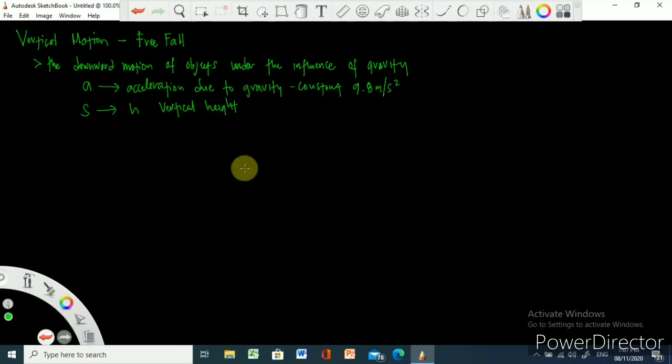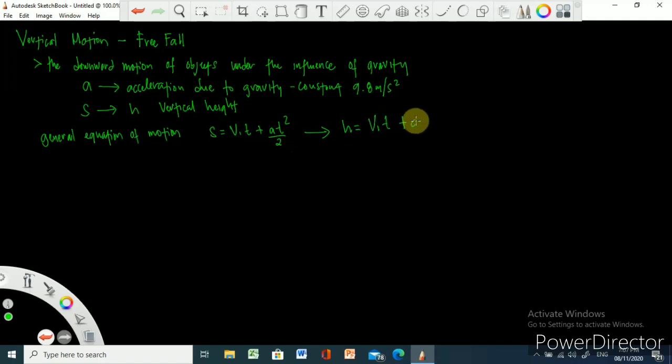Okay? So, therefore, yung general equation of motion natin, which is S is equal to V1 times time plus AT squared over 2, will now become H is equal to V1 times time plus GT squared over 2.